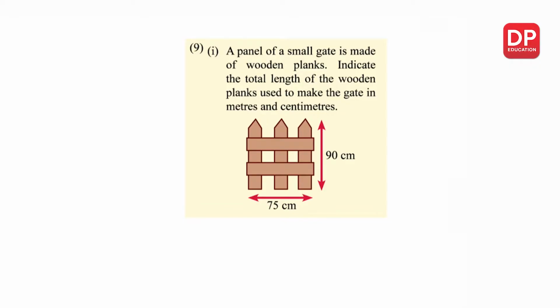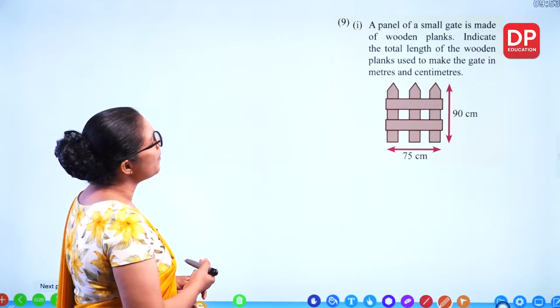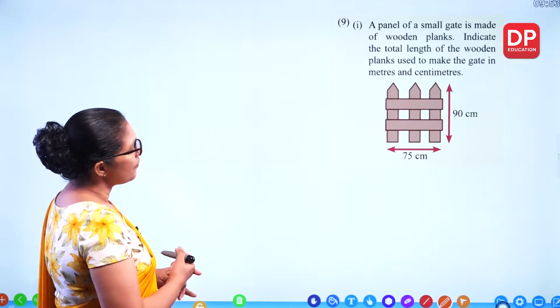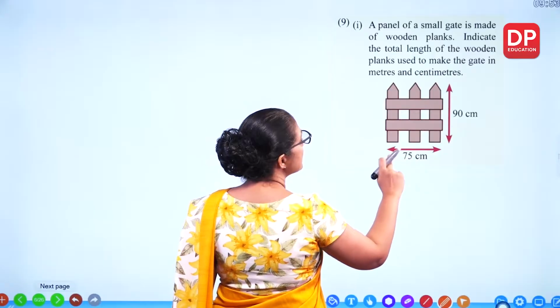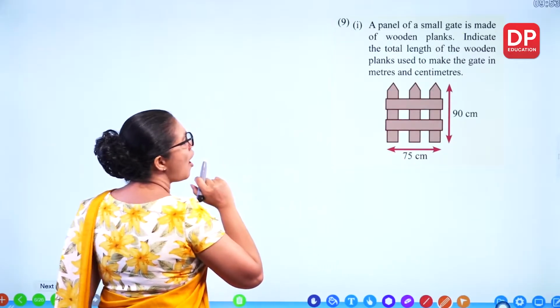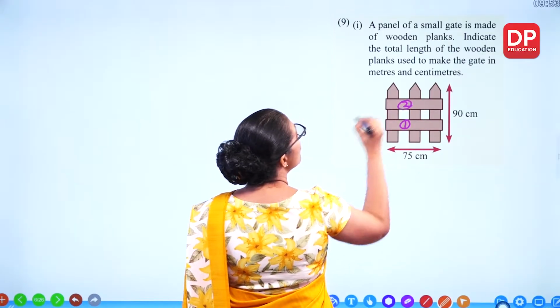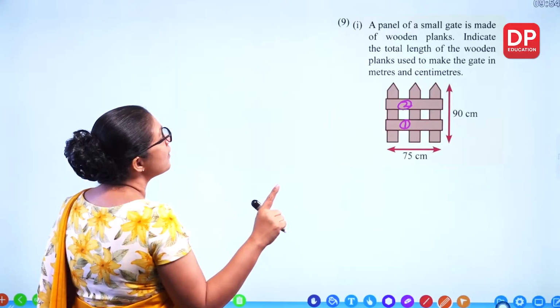A panel of a small gate is made of wooden planks. Indicate the total length of the wooden planks used to make the gate in meters and centimeters. So here, if you take horizontal planks with 75, how many are there? 1, 2. 2 horizontal planks. We need the total length.